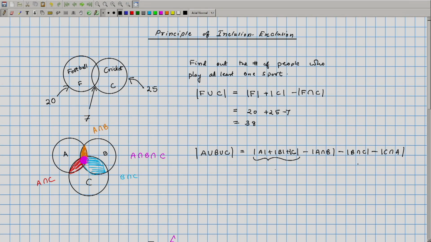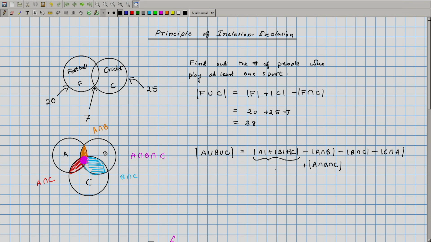But when we remove in this manner, the pink region has been removed thrice, so it has to be reintroduced. So, we add the size of A intersection B intersection C, and now we have accounted for everything. So, this would be the formula.